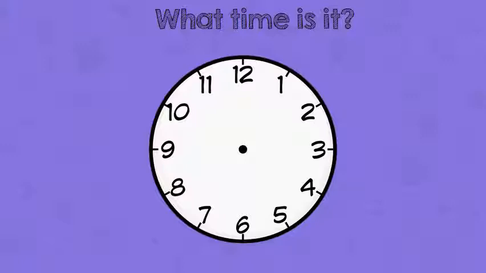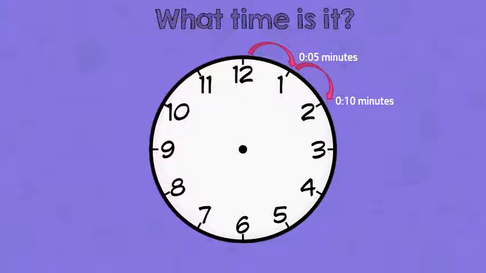If you look in each number of this clock, they are equivalent of 5 minutes each. So from 12 to 1 are 5 minutes. Now from 12 to 2, we have 10 minutes. And then you keep adding 5 and 5 to get the minutes.